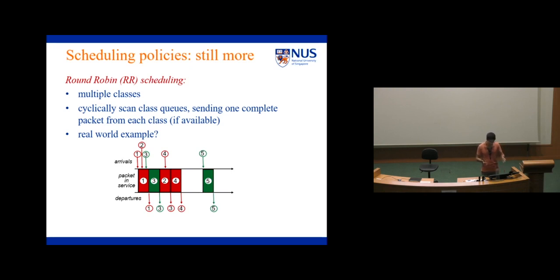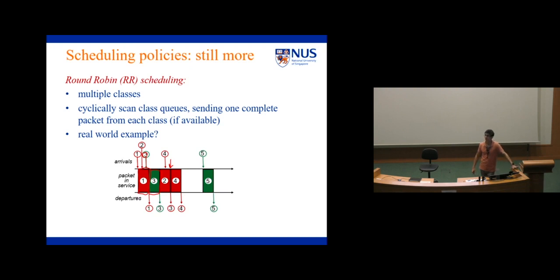But in the round-robin case, because I served the red class here, I should look if I have a green class waiting. And yes, I have the third packet, which is green, so I need to serve it next. And then I need to serve a red one again. Of course, here I served two red classes subsequently. Why? Because I didn't have any green class packet waiting.